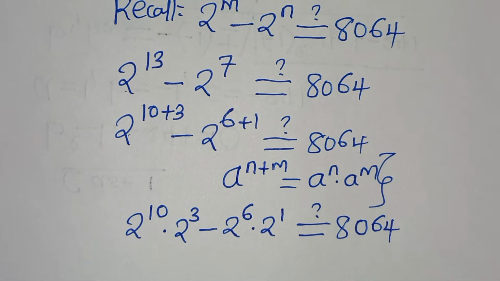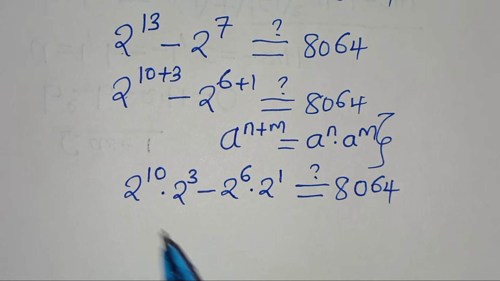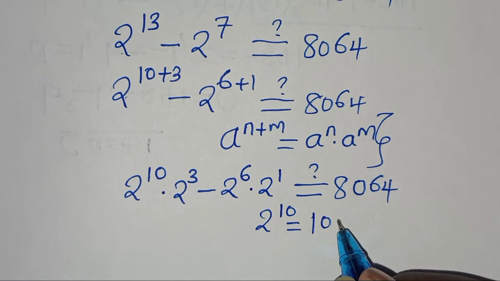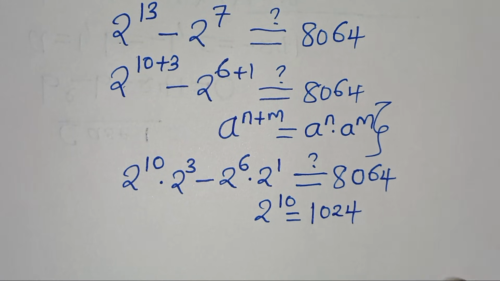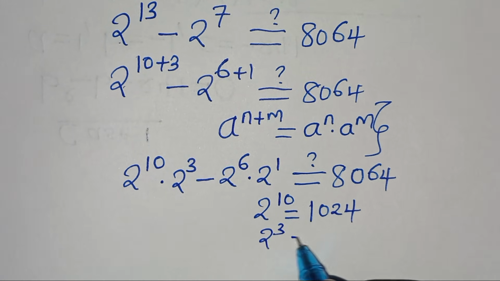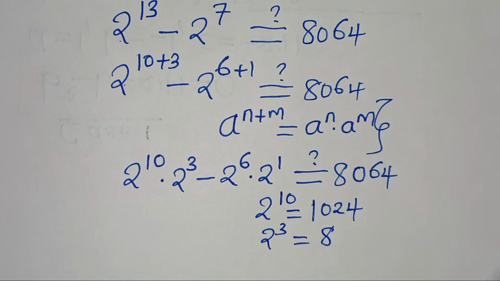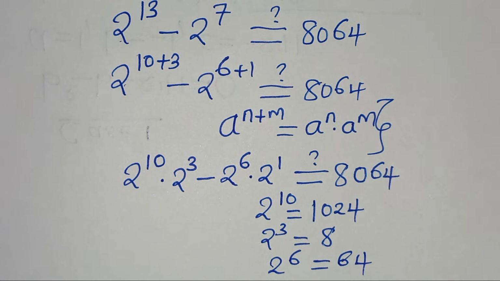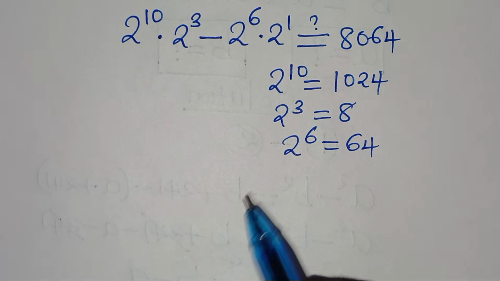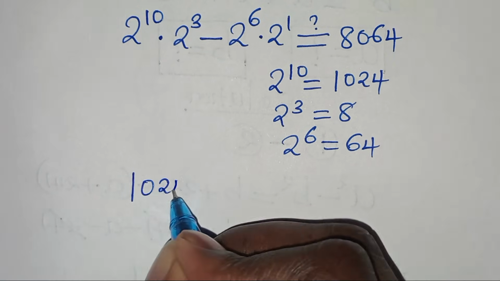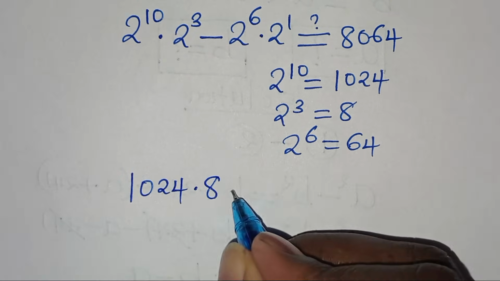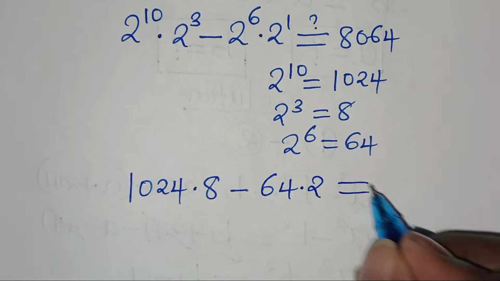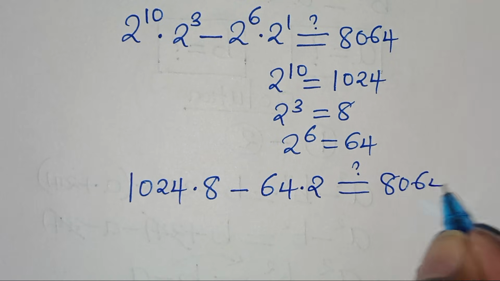So 2 to the power of 10 is equal to 1024, 2 to the power of 3 is equal to 8, and 2 to the power of 6 is equal to 64. Now this implies we have 1024 multiplied by 8, subtract 64 multiplied by 2. This should give us a value of 8064.